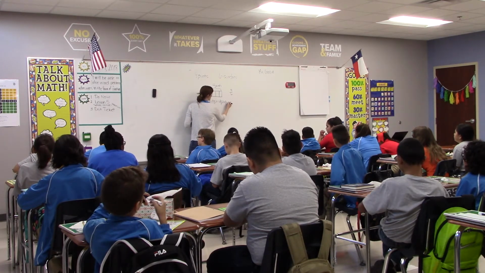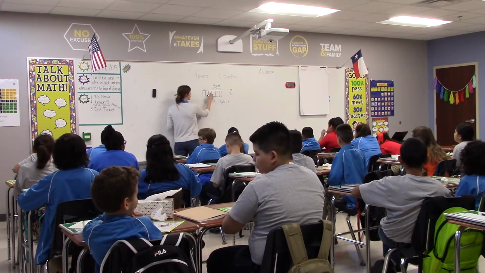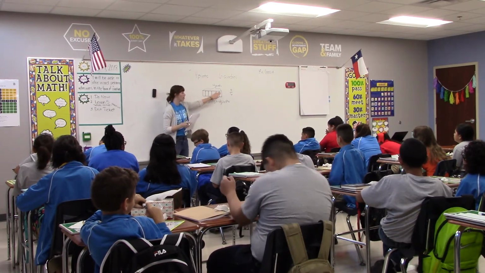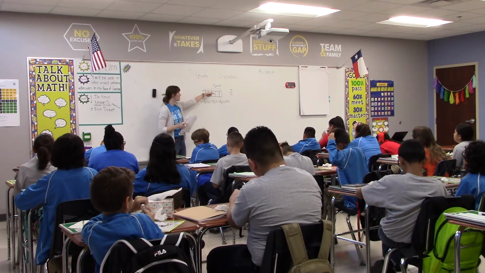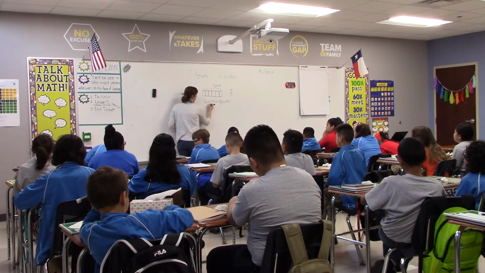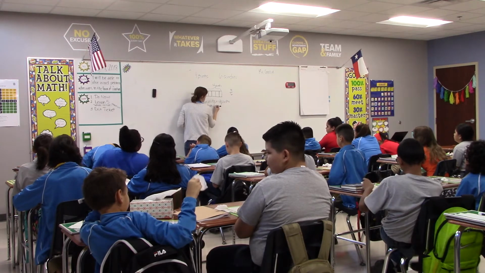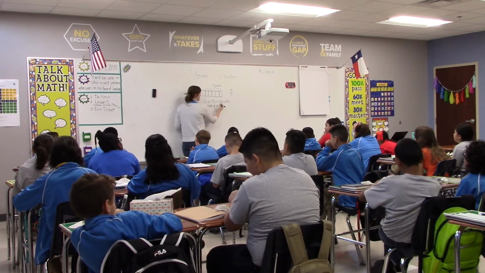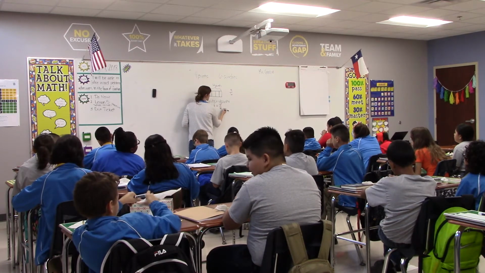Because 6 units, 1, 2, 3, 4, 5, 6, is my whole. And because we labeled it, we can remember the whole thing's worth 4 pints. So we want to know how much is 1 unit worth. And Aiden says we need to divide 4 by 6.